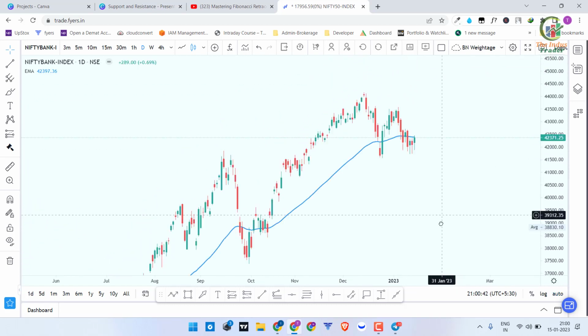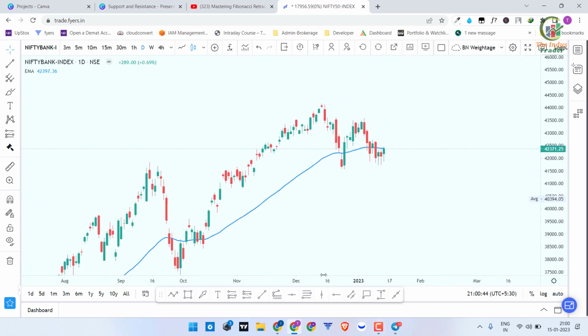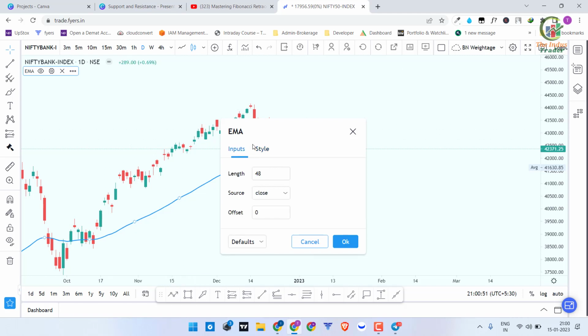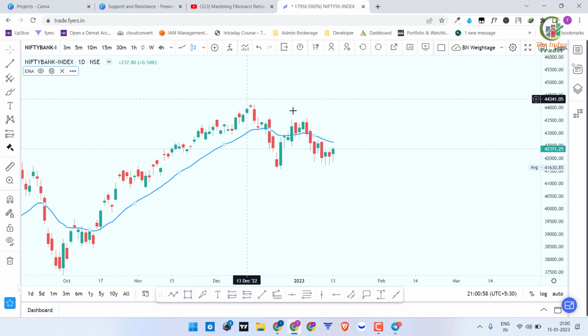Using these indicators is very simple. This is the EMA value, you can see the EMA value is 48. You can even mark 20 for short term trades, and I have explained all that.